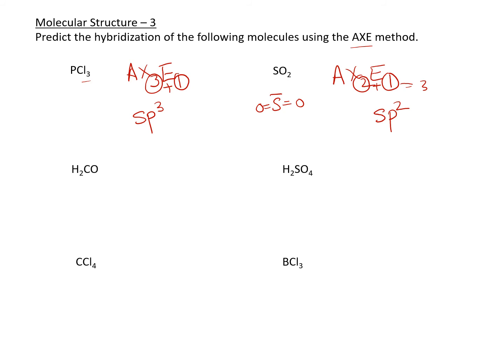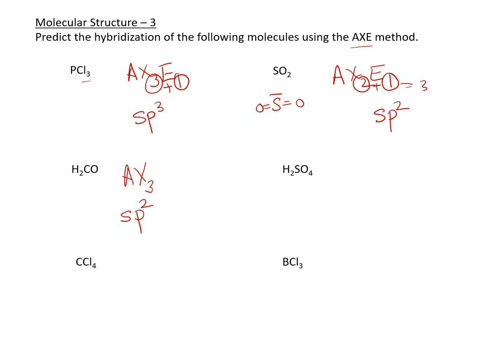Carbon has 4 electrons, 2 sharing with oxygen and 2 sharing with hydrogen, so no electrons are left over. The formula is AX3. I have 3 electron groups, and 3 electron groups means that I need 3 orbitals. So that means sp2, 1 from s, 2 from p.